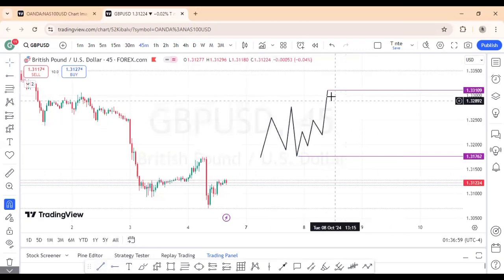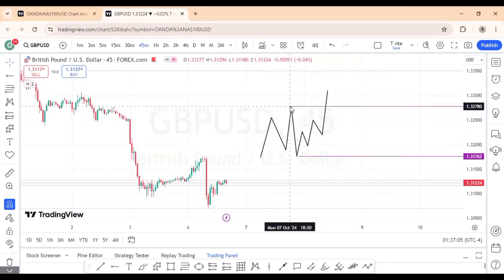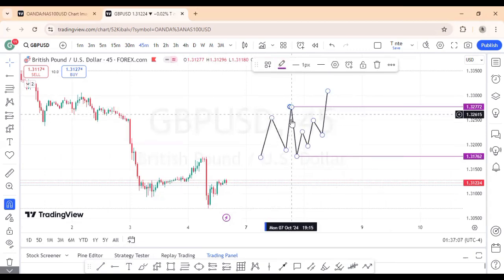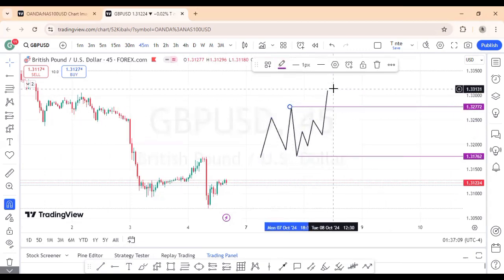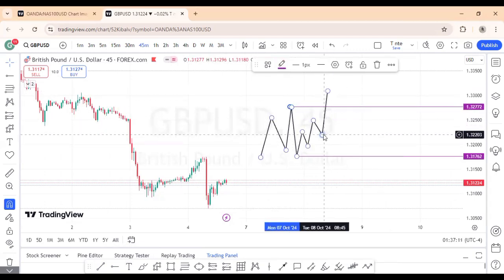And then I said that once price takes out external liquidity, it begins to target this external liquidity here. Once price takes out this external liquidity, the next target becomes what? The internal liquidity. So price moves from internal to external to internal to external to internal.